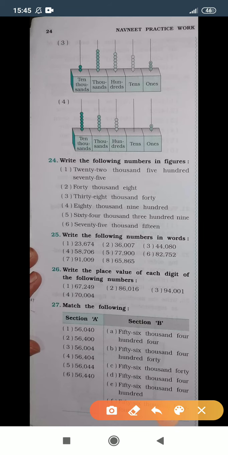So let's see question number 26. Write the place value of each digit of the following numbers. That means place value we need to write in digits.